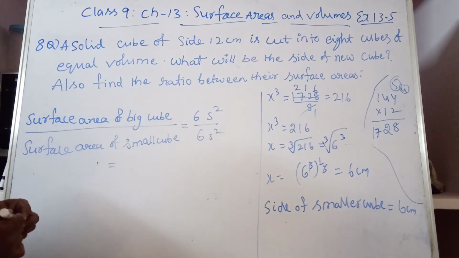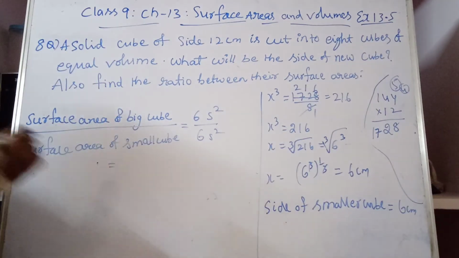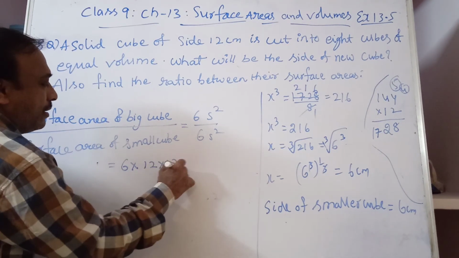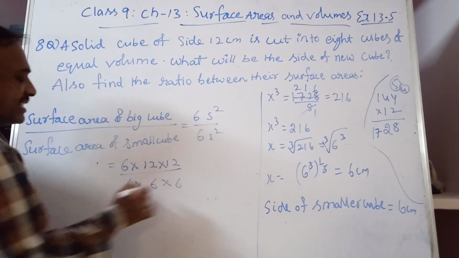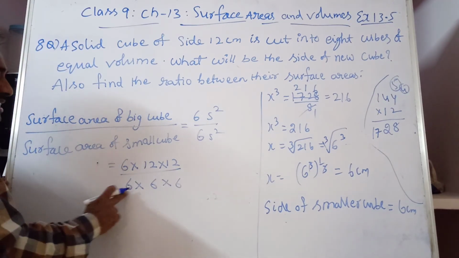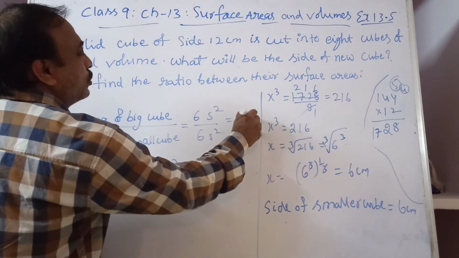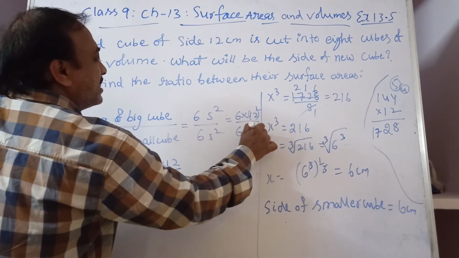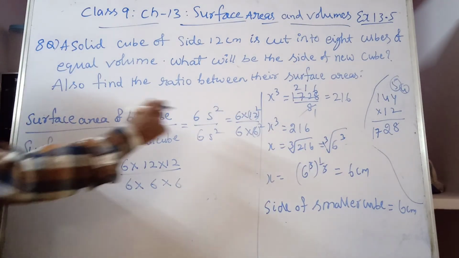The side of the bigger cube is 12 centimeters and the side of the small cube is 6 centimeters. So 6 into 12 into 12 by 6 into 6 into 6. Observe it. Why is it 6 into 6? Here 6 into 12 square by 6 into 6 square.